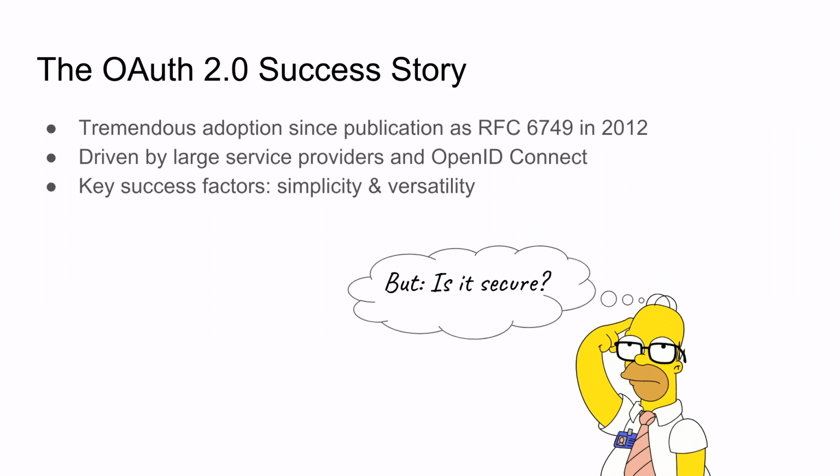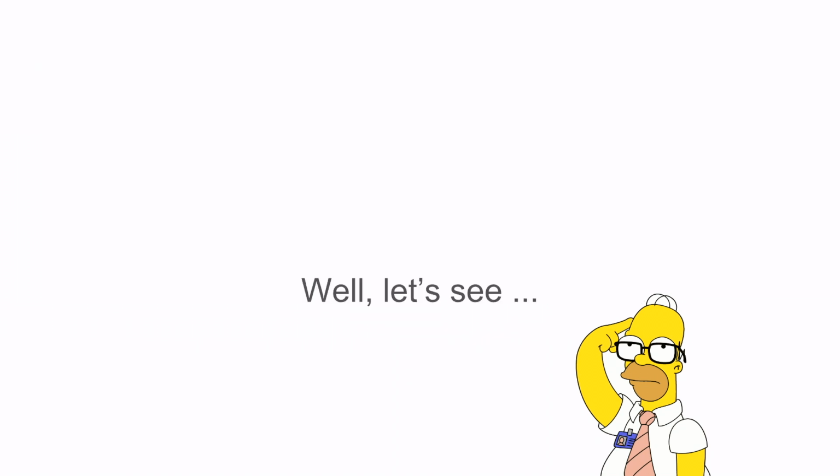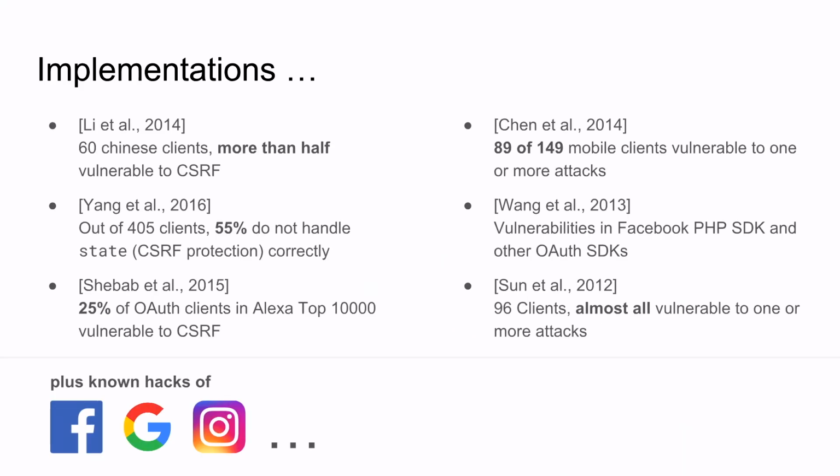Well, let's see. Let's start with the OAuth implementations. So with clients, authorization servers, and resource servers. And if you look at the existing research in that area, and also, this is also confirmed by what you experience when you see the implementations, many implementations contain flaws.